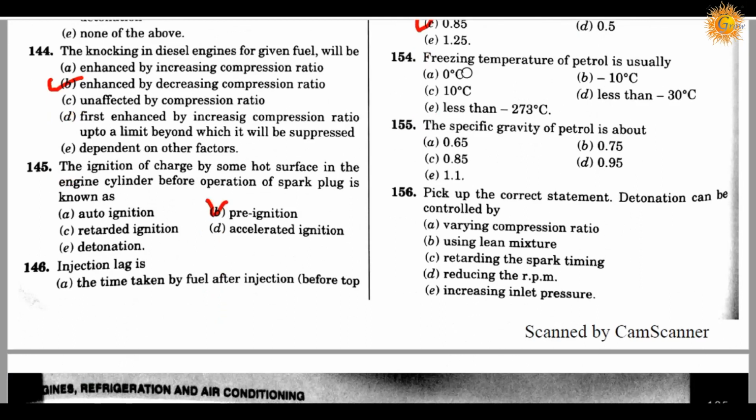Question number 154. Freezing temperature of petrol is usually option A 0 degrees centigrade, option B minus 10 degrees centigrade, option C 10 degrees centigrade, option D less than minus 30 degrees centigrade, option E less than minus 273 degrees centigrade. So the correct answer is D, less than minus 30 degrees centigrade.